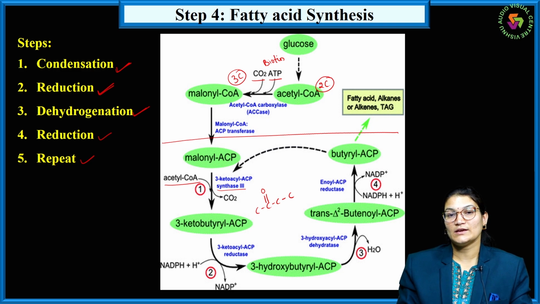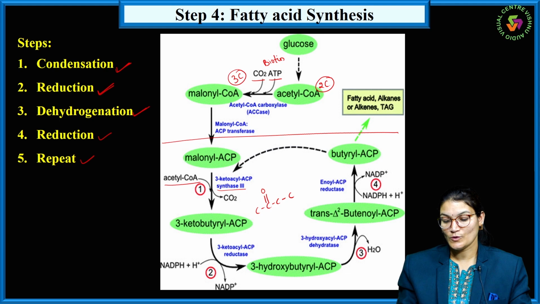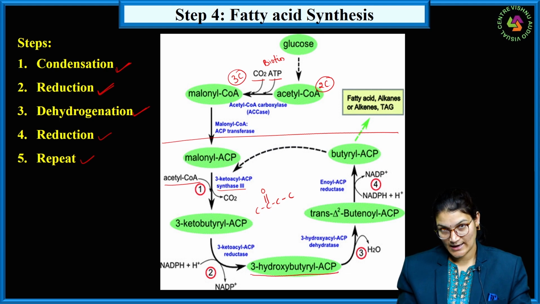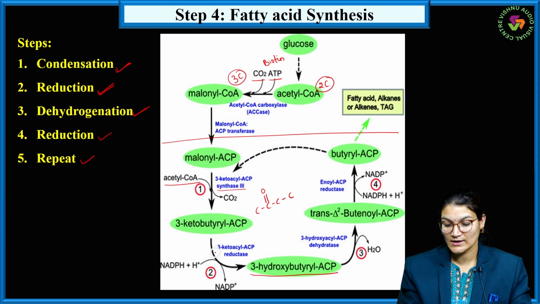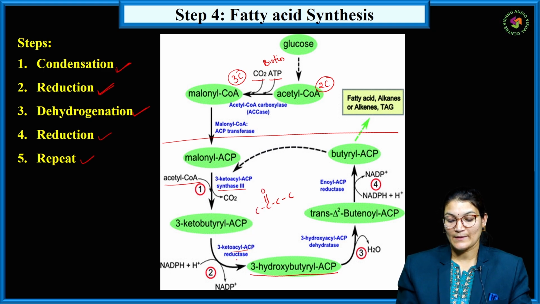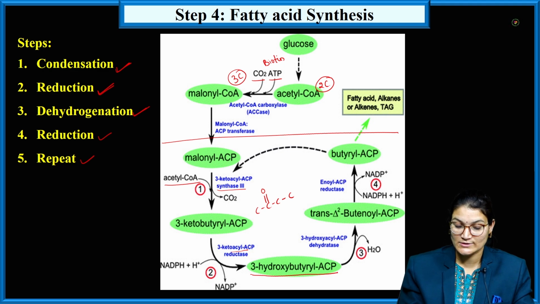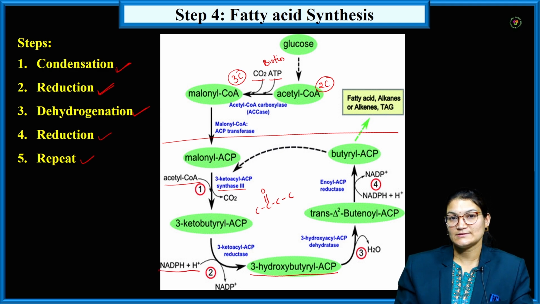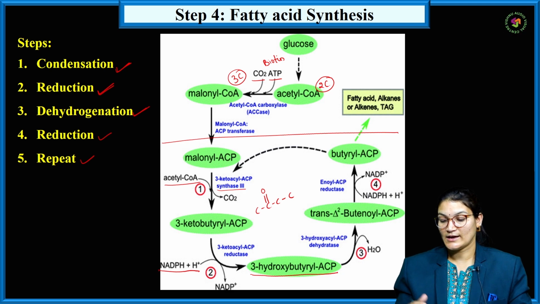And next, 3-ketobutyryl ACP is reduced into 3-hydroxybutyryl ACP in the presence of 3-ketoacyl ACP reductase, and this happens in the presence of an energy source, that is NADPH plus H plus.